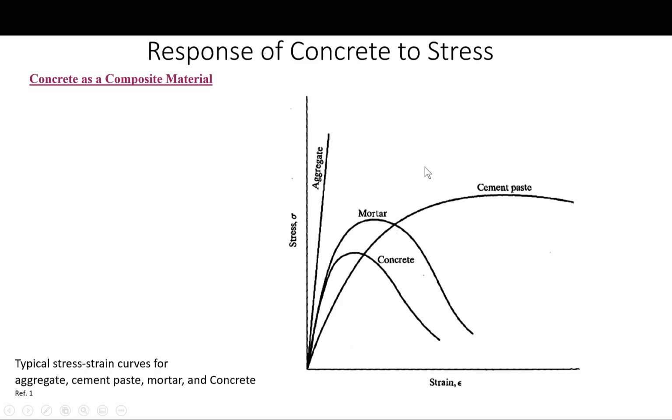So the stress-strain curves shown here emphasize that concrete is a composite material, that is, a combination of two or more distinct materials with a definite interface separating the components. A multi-phase material is expected to have different properties from the original components making it up, and clearly concrete qualifies as such.